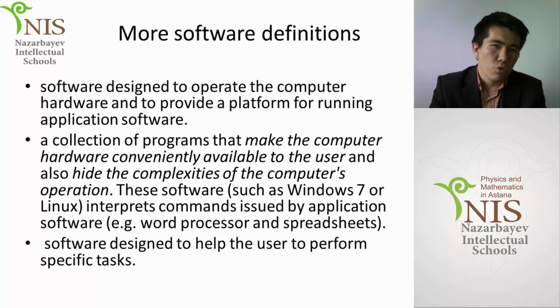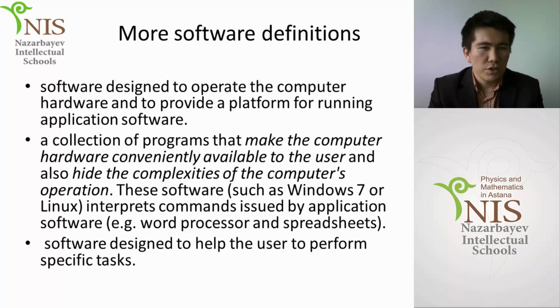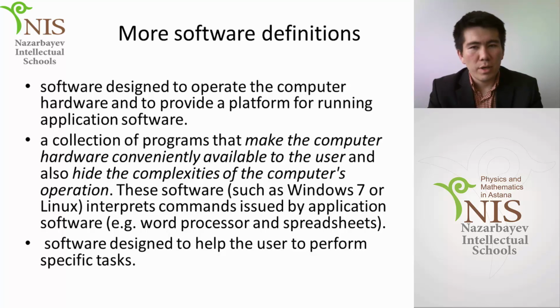So some more software definitions here. So the first one, software designed to operate the computer hardware and to provide a platform for running application software. How do you think? What is this one? And second, a collection of programs that make the computer hardware conveniently available to the user and also hide the complexities of the computer's operation.